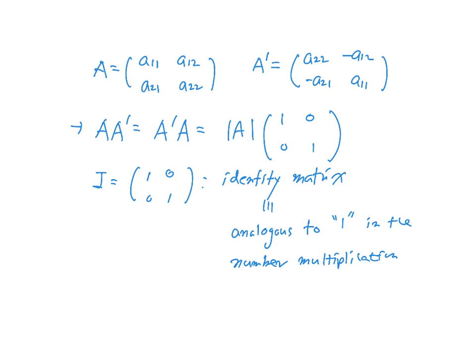So let's check A times I. A11, A12, A21, A22 times 1, 0, 0, 1. It's easy to see that if you multiply by this identity matrix, the first entry is A11, right?